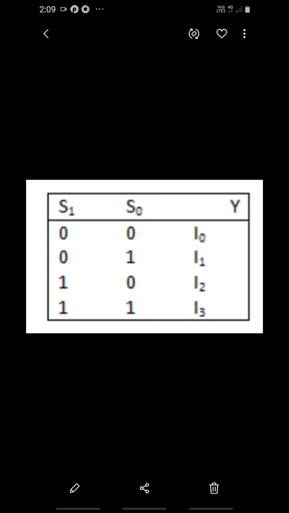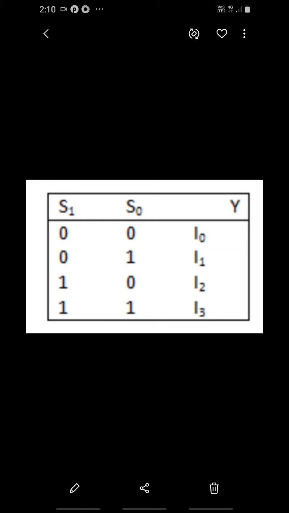And when S0 S1 is equal to 0 1, then the second AND gate is enabled and all other AND gates are disabled. Therefore the data bit I1 is transmitted to the output, giving Y equal to I1 S0 S1 bar.